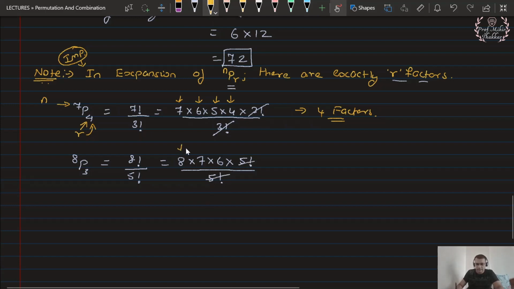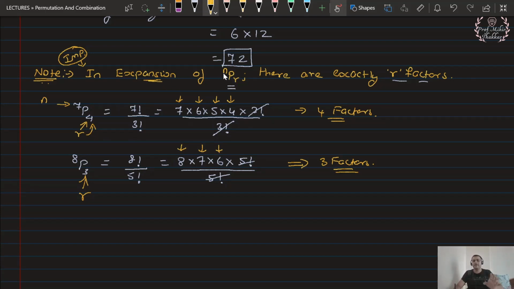Once again, you can see there are only 3 elements left. So this implies that there are 3 factors of 8P3 because r is equal to 3 in this particular case. So in expansion of nPr, for any given value of n and r, always remember that there are r factors available. Is that clear?